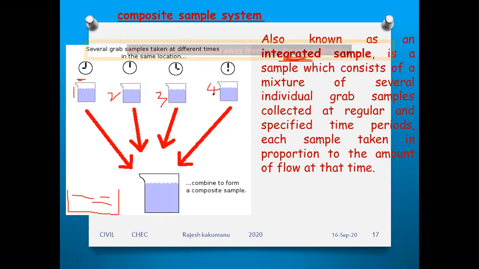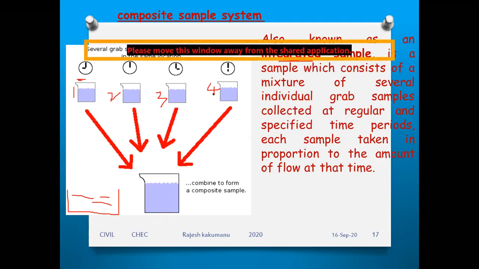Now what you are doing, the sample consists of a mixture of several individual grab samples collected at regular specified time periods, each sample taken in proportion to the amount of flow at that time. Now what happens, we are taking these samples at different timings and combining them to form a composite sample, and we are testing this composite sample for the inspection.